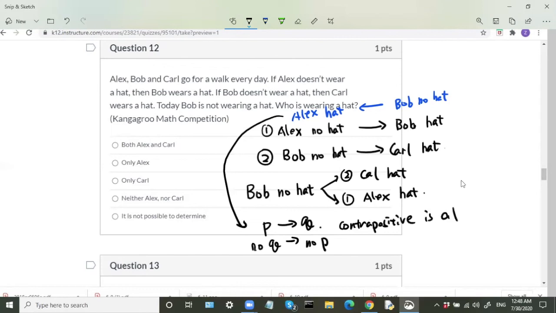If that's true, okay, the logic is true. The contrapositive logic is also true. So what is a contrapositive? It is this. So no Q, actually then you can know there's no P.